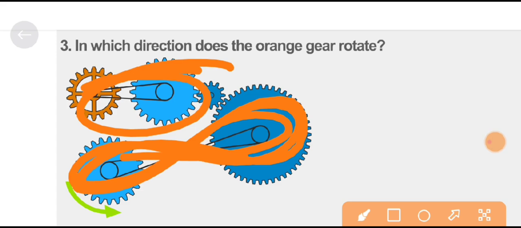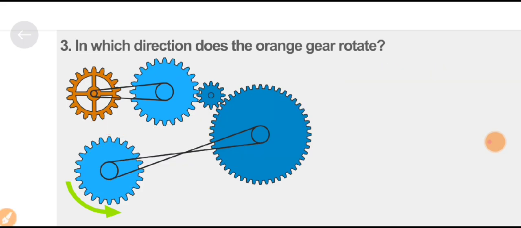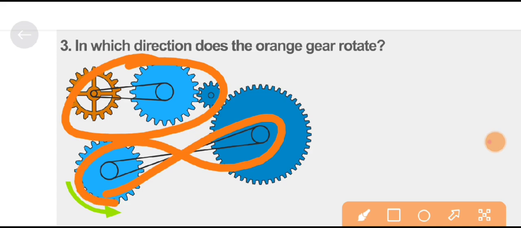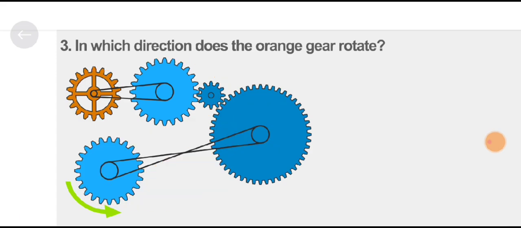Remember the same way: external gear direction changes, internal gear direction stays the same. So here, if the belt is simple, direction will be the same. If the belt is composite, in the figure of 8, then direction will be changed. Now you can solve the problem.